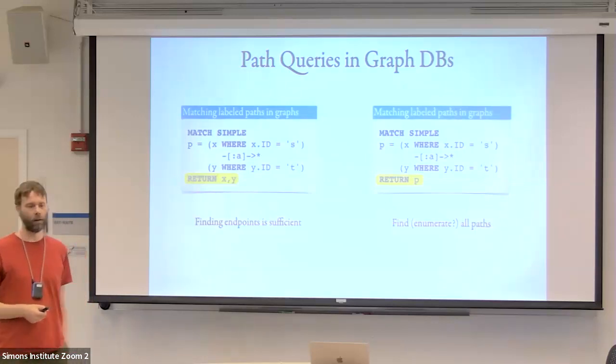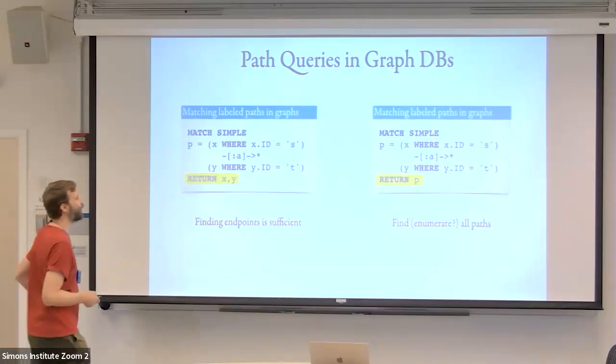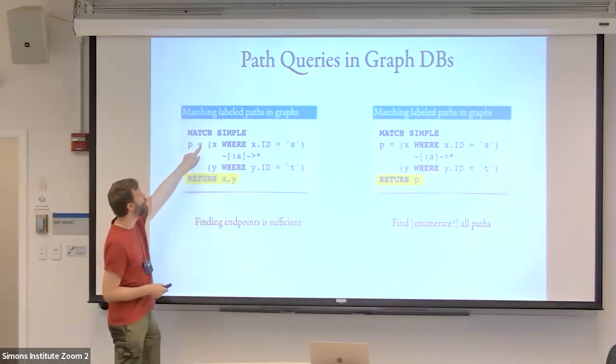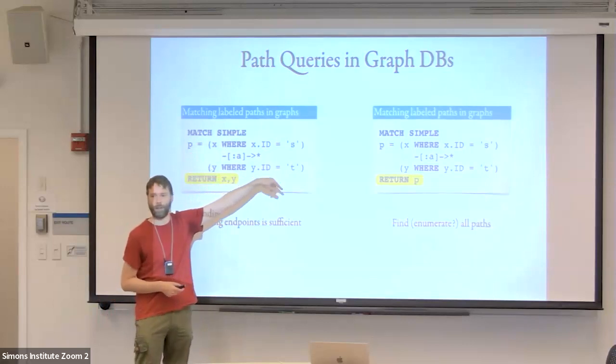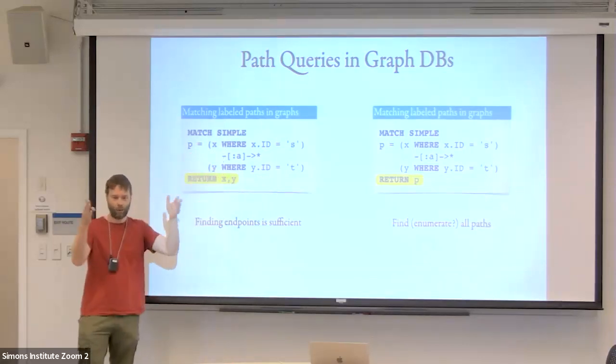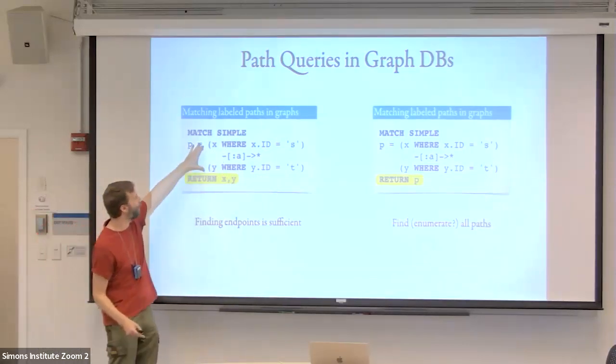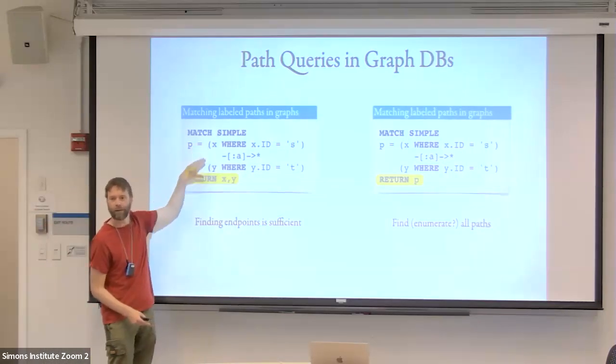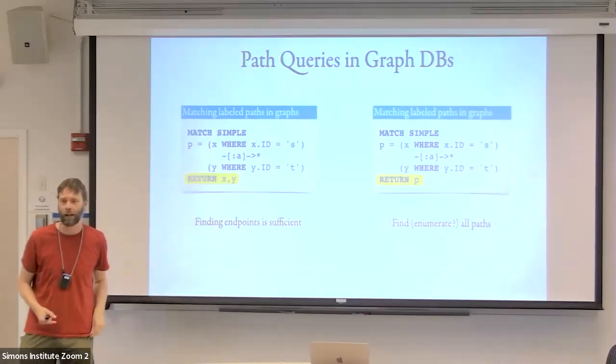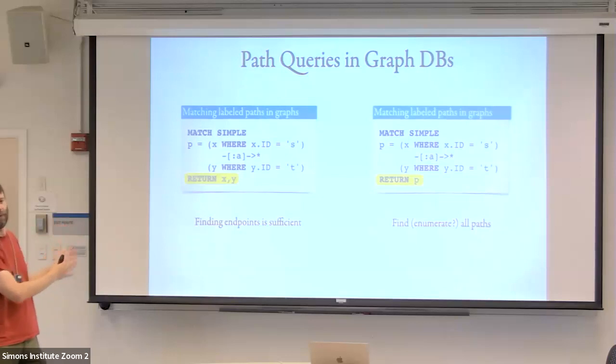In the general language, you can write patterns like this and then separate them by comma, so it's like conjunctive queries built out of atoms like this. You can do that in the general language, but that's not the thing that I'm focusing on today, because if I would add that as well, the problem is just too big for a 1 hour talk. But you can do things like that.